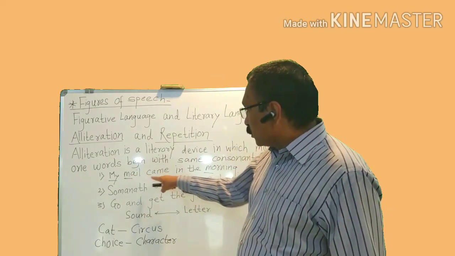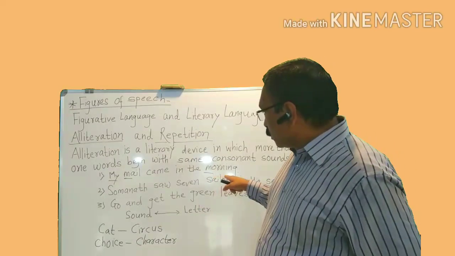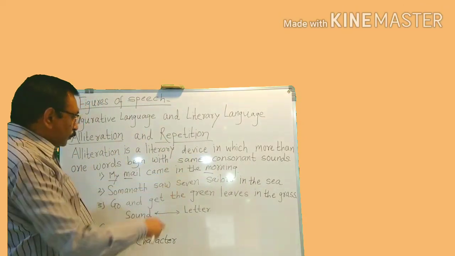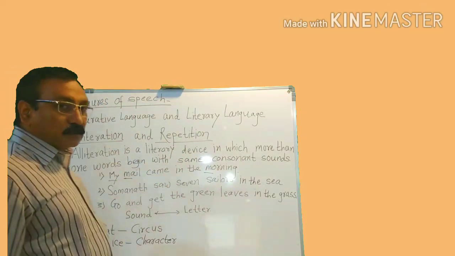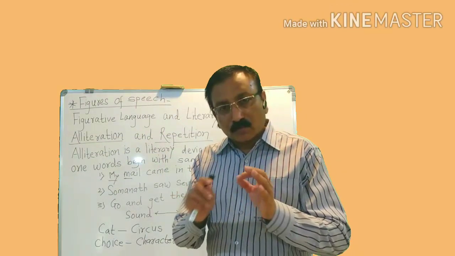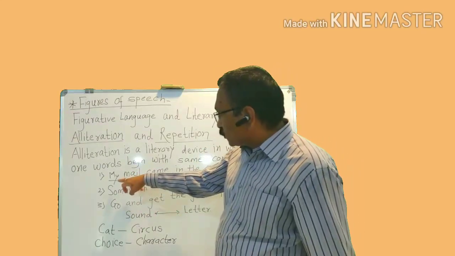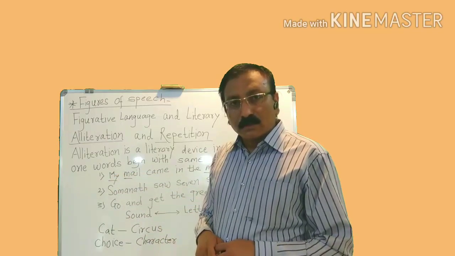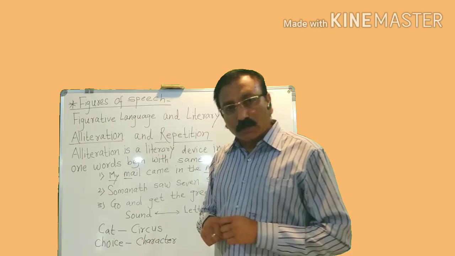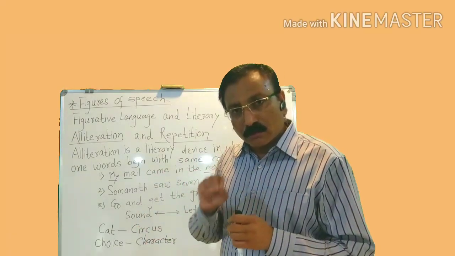My mail came in the morning. If you look at this line, there are three words which begin with the same consonant sound. The first word, my, begins with the sound m. The second word, mail, also begins with the sound m.